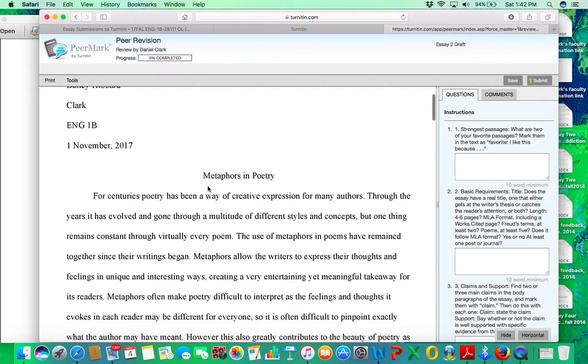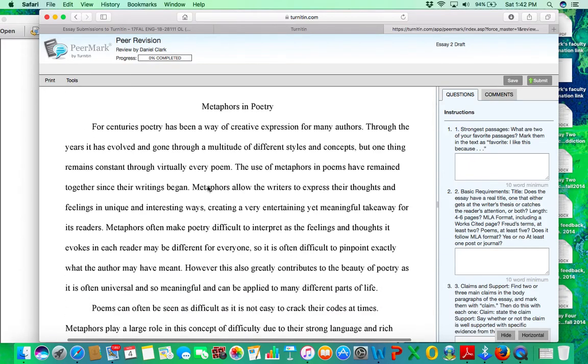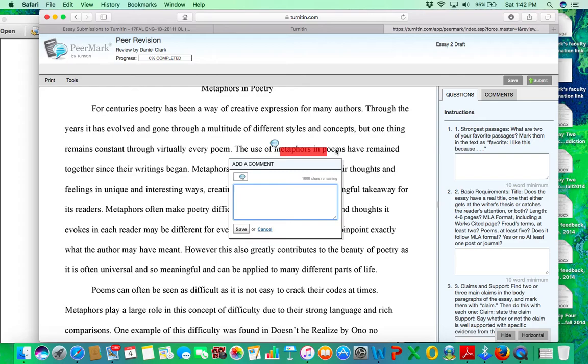Metaphors and poetry. For centuries, poetry has been a way of creative expression for many authors. Through the years, it has evolved and gone through a multitude of different styles and concepts. But one thing remains constant through virtually every poem. The use of metaphors and poems have remained together. I should mark that subject-verb issue. The use has remained together since their writings began. I guess I could hit that maybe, but I don't want to bog down on that.